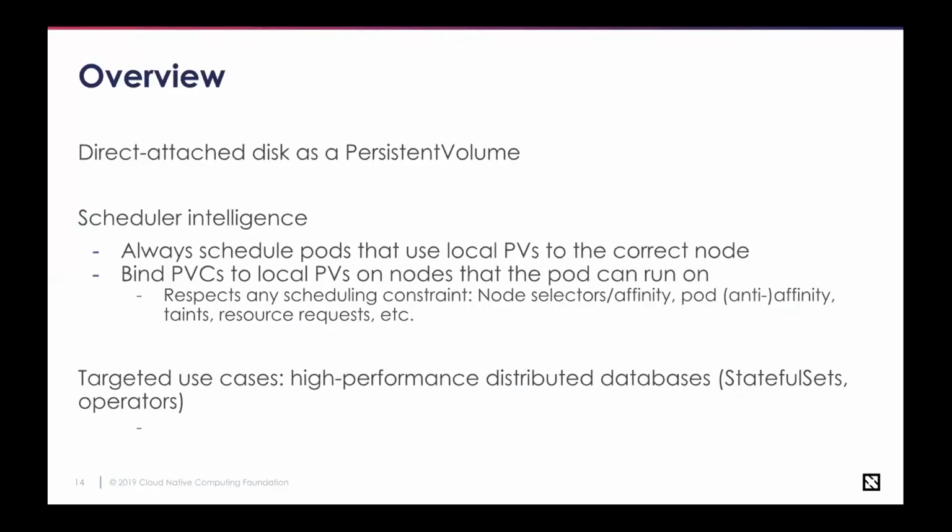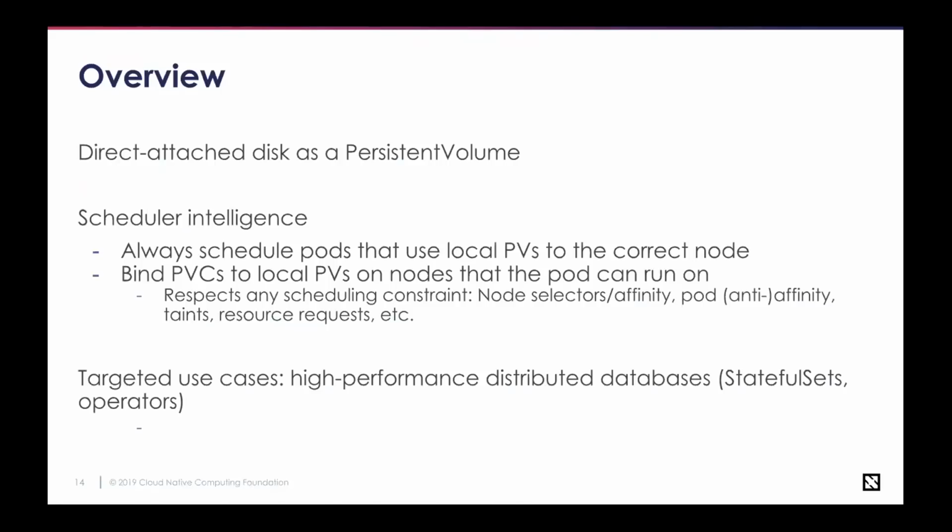So as part of this feature, we really wanted to simplify that use case and make it easier for users to use these disks and have first-class knowledge of local disks in the Kubernetes components.